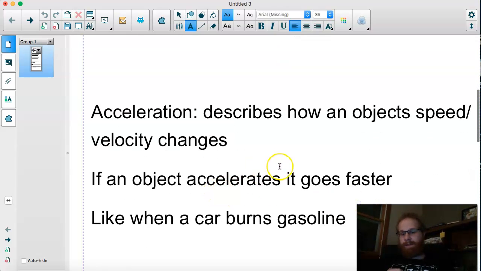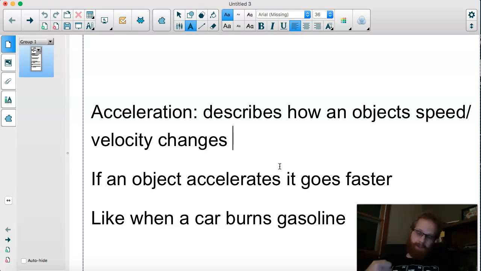If an object accelerates, it's going to go faster, like when a car burns gasoline. Can you guys think of any other examples of something accelerating? What if, let's say, we've got a train. And the train, it's kind of going chugga, chugga, chugga. And then it starts to go a little bit faster.